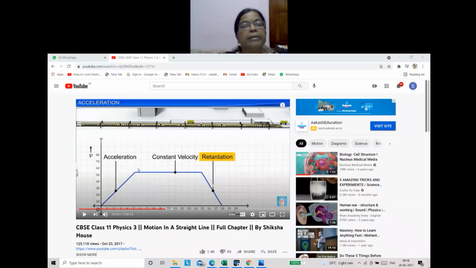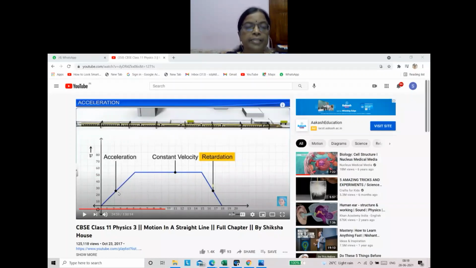But on our roads we cannot have uniform acceleration. In this case, we have drawn uniform acceleration. Uniform acceleration means if the change in velocities are equal in equal intervals of time.